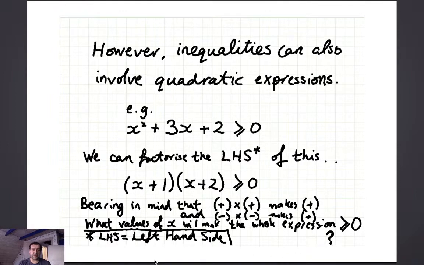So the question is, what values of x will make the whole expression greater than or equal to 0? It's very hard to read, isn't it? I think whatever I wrote on the board at the time got slightly sabotaged.